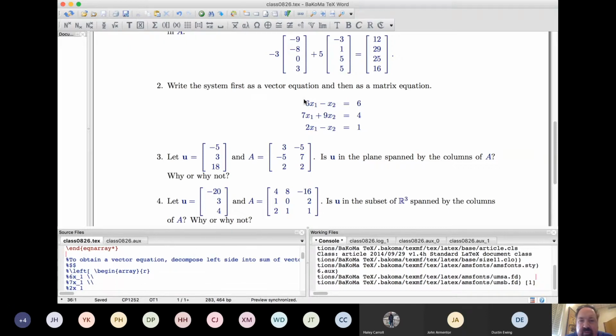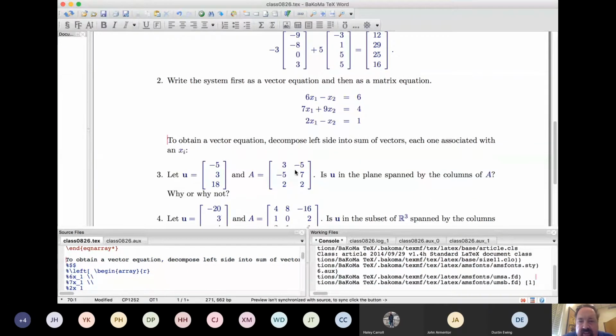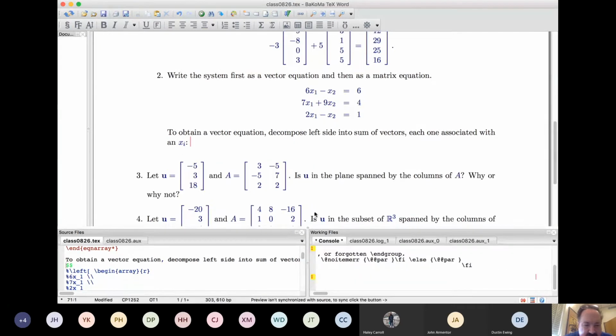How to get to a vector equation is something that was seen last class: we break the left side down into vectors according to which terms have an x1, which terms have an x2, and however many unknowns you have.